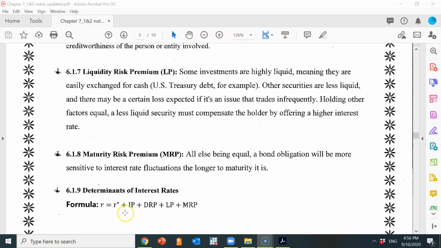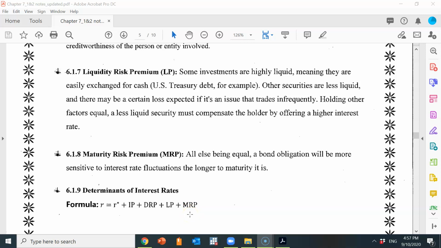And if we add inflation premium IP, R star plus IP becomes the nominal risk-free rate for risk-free assets. Then after we add default risk premium, DRP, and liquidity risk premium, and the maturity risk premium, we will know the interest rate for the risky assets. The premium we add depends on what kind of risk this risky asset has: default risk, liquidity risk, or maturity risk.